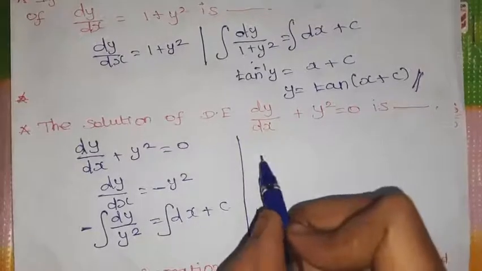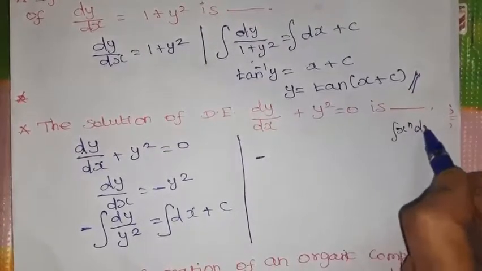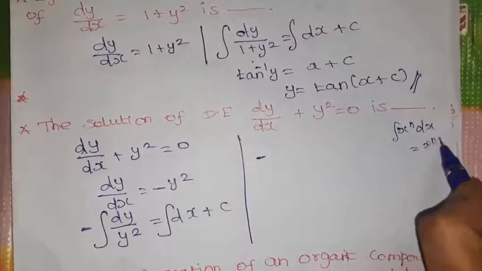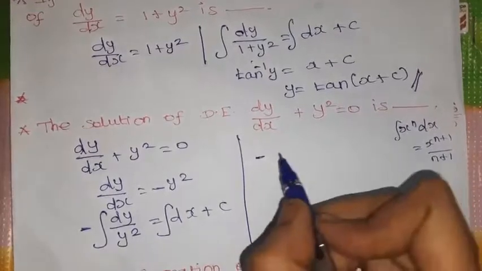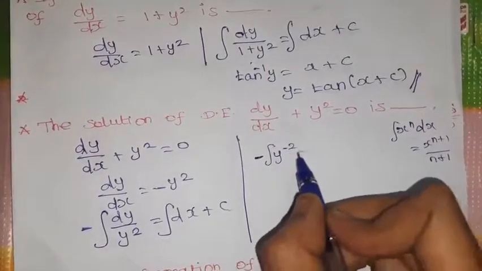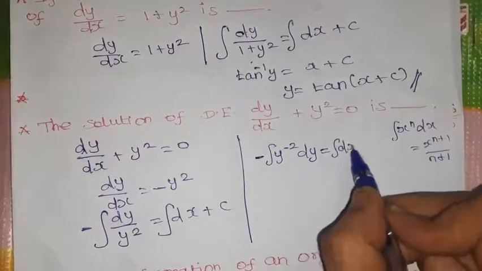The integral of dy/y² is of the form x^n dx, with the basic integration formula x^(n+1)/(n+1). Similarly, y² in the denominator becomes y^(-2) dy, equal to the integral of dx plus c.